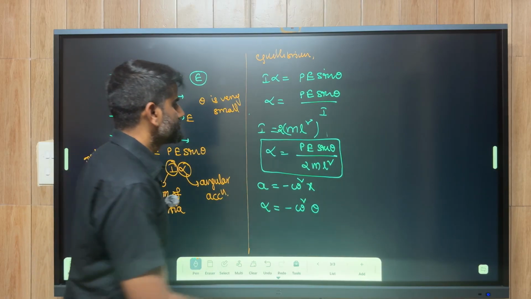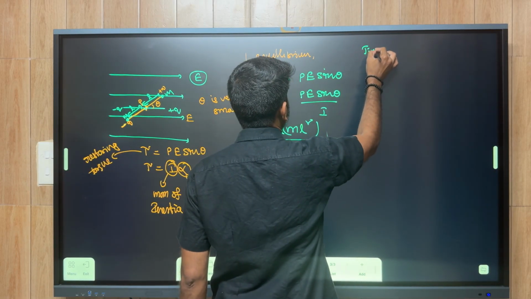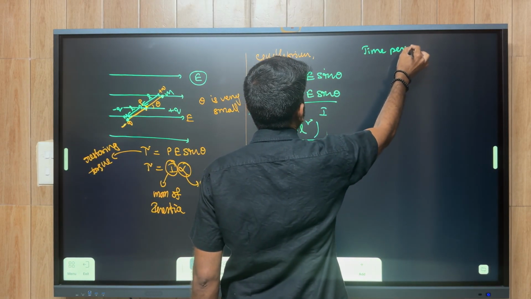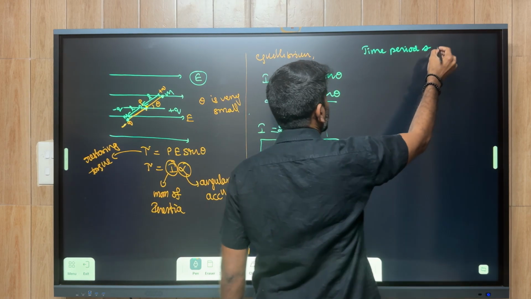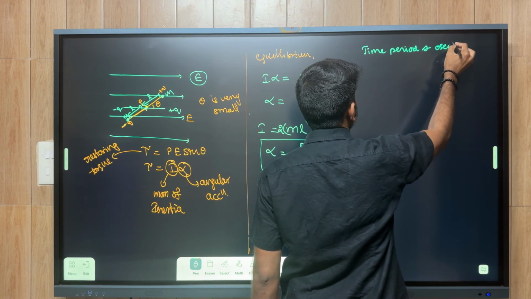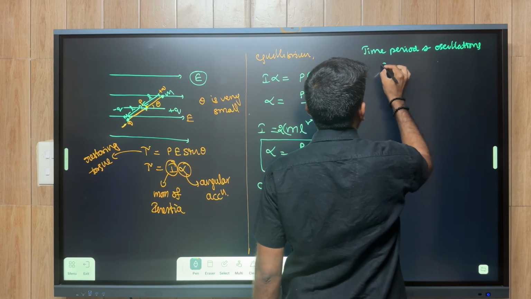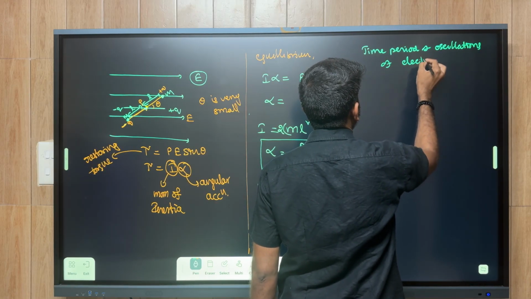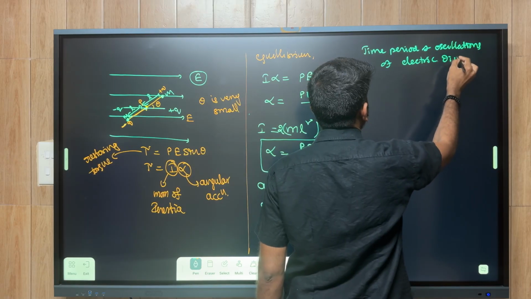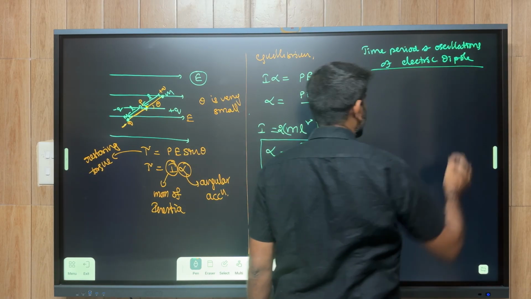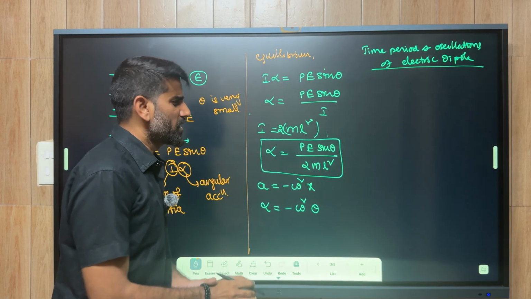So to find the time period of oscillations of the electric dipole, let us find the equation for the time period.